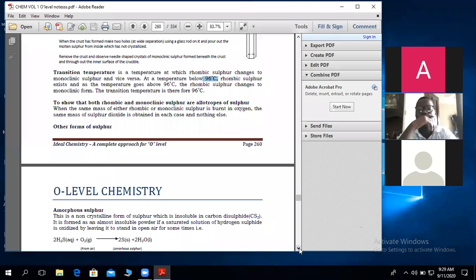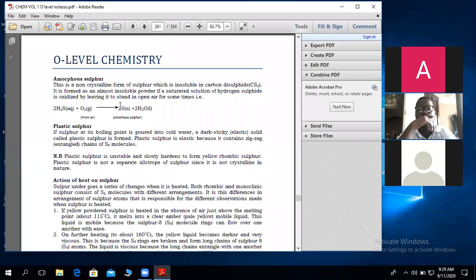Other forms of sulfur, we have amorphous sulfur, the other one I told you, which is got from natural gas, which is got from hydrogen sulfide. That one is amorphous sulfur, but it is not common. So you don't need to know everything about it.